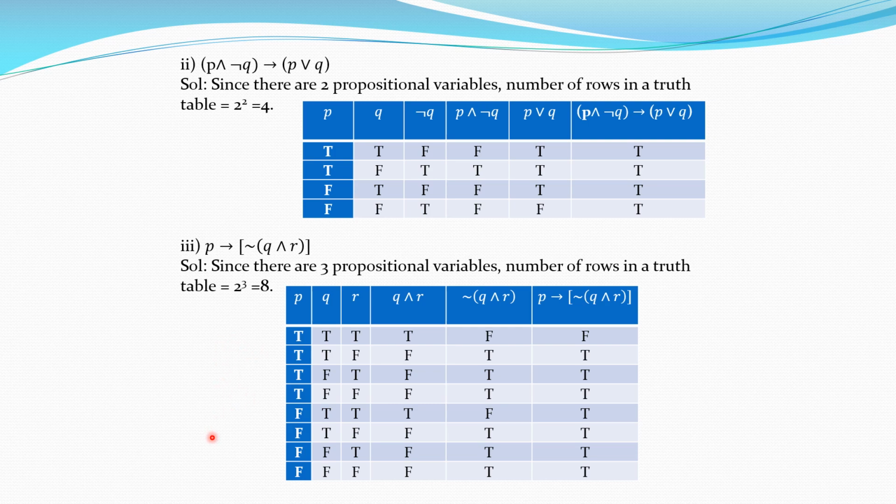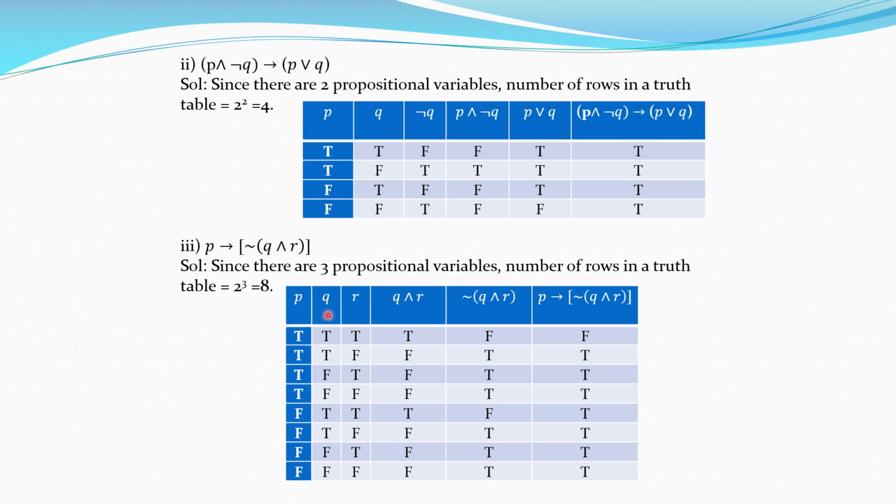And again repeat those rows for the last 4 rows, that is TT, TF, FT, FF. See once again, while writing those 8 rows, in the column of P, we write the first 4 rows as T and last 4 rows as F. Then for Q and R, the first 4 rows will be similar to the two variable table, that is TT, TF, FT, FF. And again write the same 4 rows in the last 4 rows.